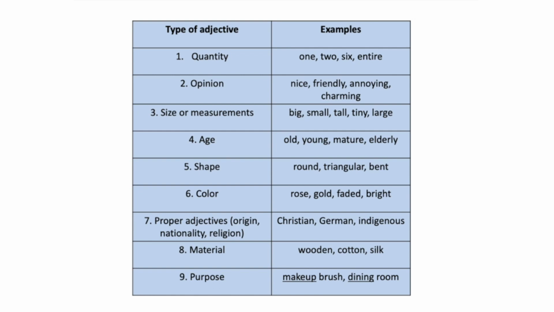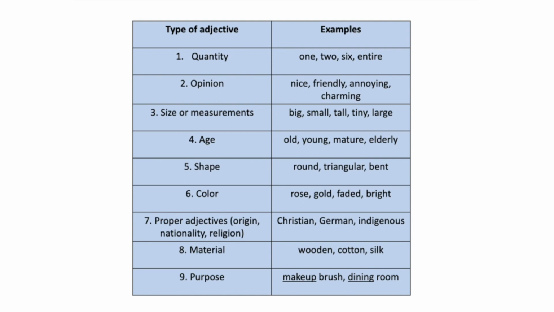So this is the order in which we use cumulative adjectives. First, quantity. For example, 1, 2, 6, entire. Next, opinion. Nice, friendly, annoying, charming.